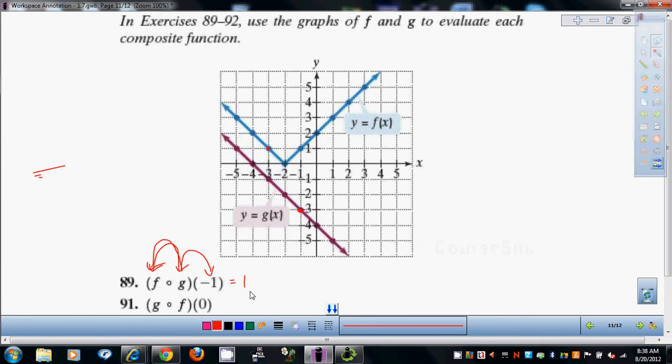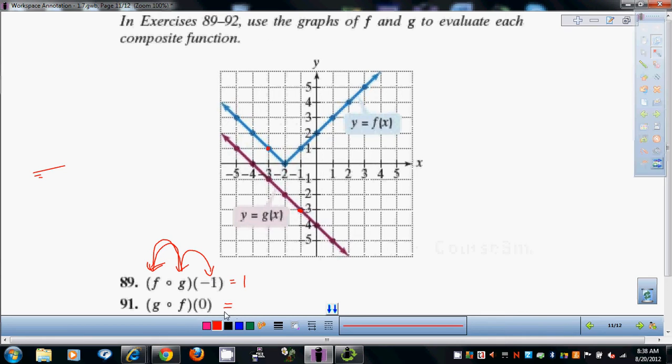Look at 91 and see if you can figure out what that one's going to be, and then I'll say it. Give me one of these when you think you know it.